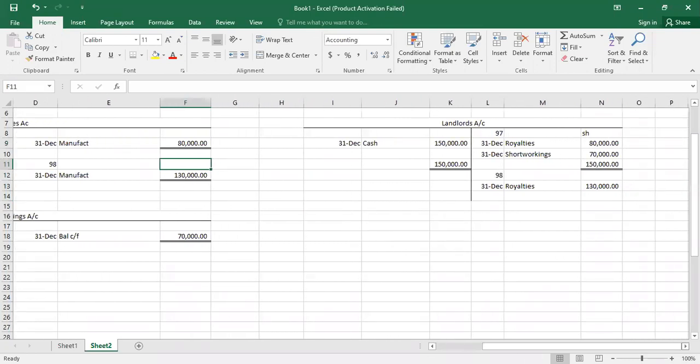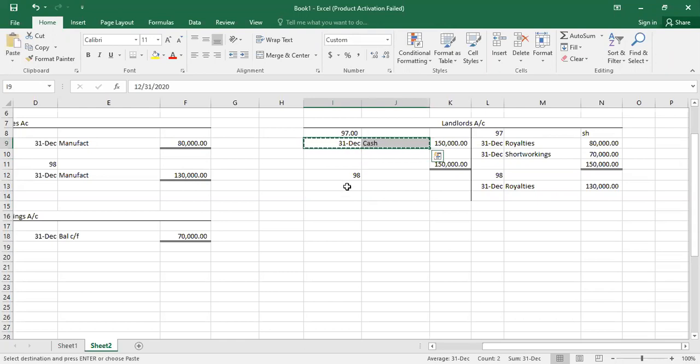I want us now to come to the landlord's account. Do you have shortcomings for 1998? Yes. So what are we going to pay the landlord? We are going to pay the landlord 150. In 1998, our lease agreement is on us paying every year minimum rent of 150.